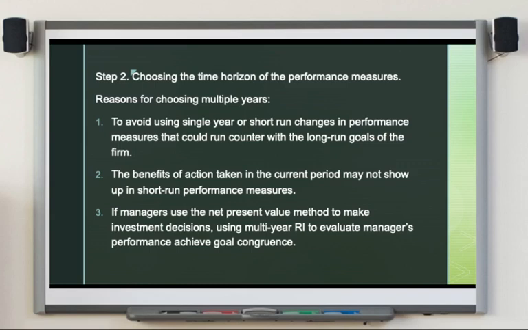But here are some of the reasons why it is better to use multiple years as a basis for time horizon. Number one is to avoid using single year or short run changes in performance measures that could run counter with the long run goals of the firm.